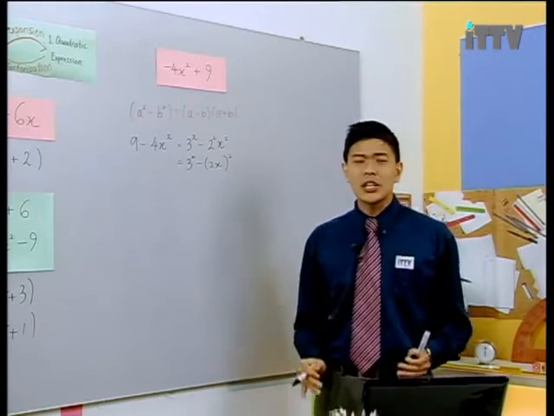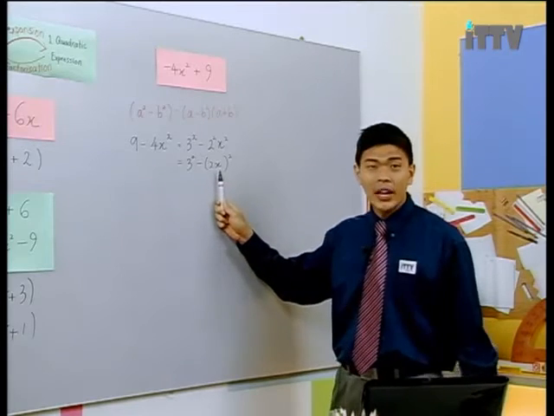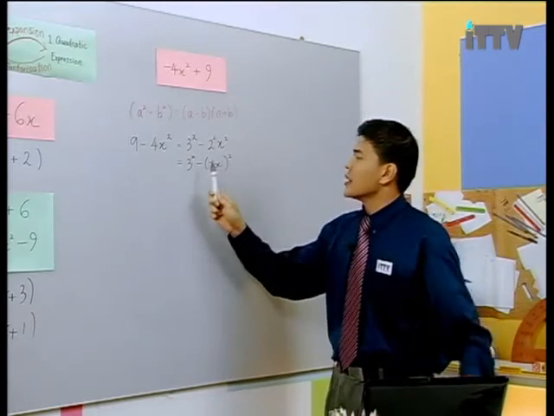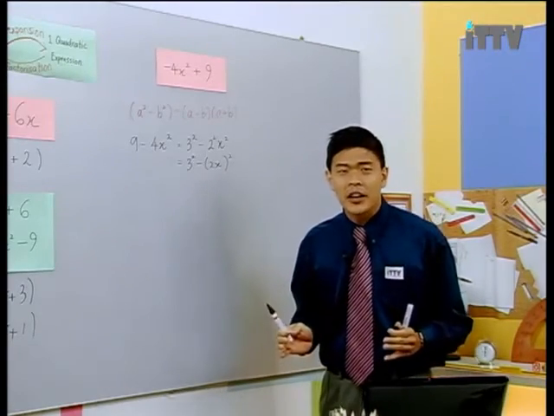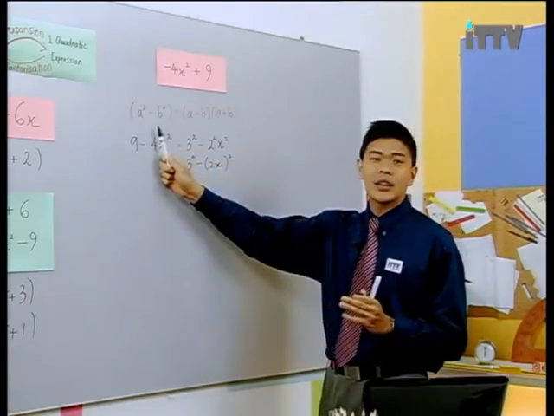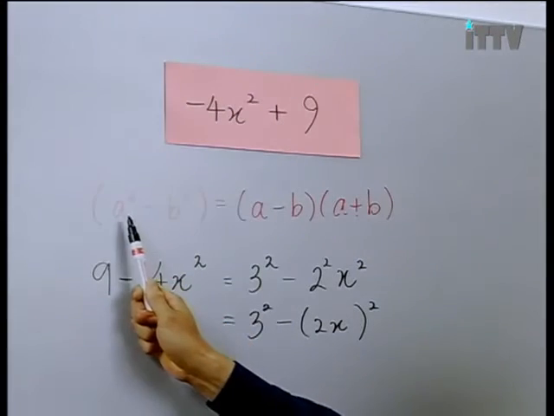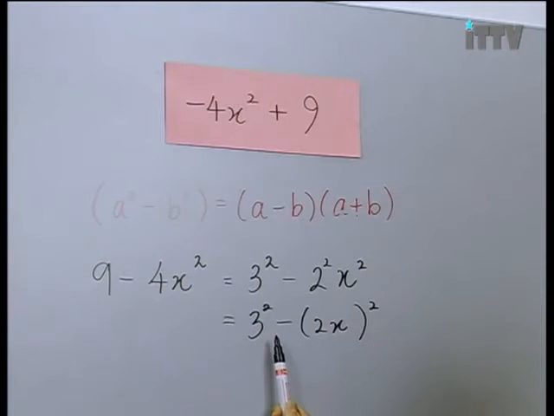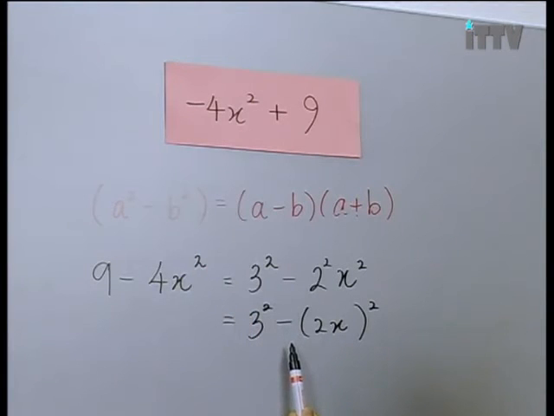So anytime you see a quadratic expression that is made up of the subtraction of one perfect square from another, you don't have to take out any highest common factor. Immediately use the identity that is written here. In the identity, let's compare. A square is the 3 square, b square is the 2x, and it must always be separated by the minus.